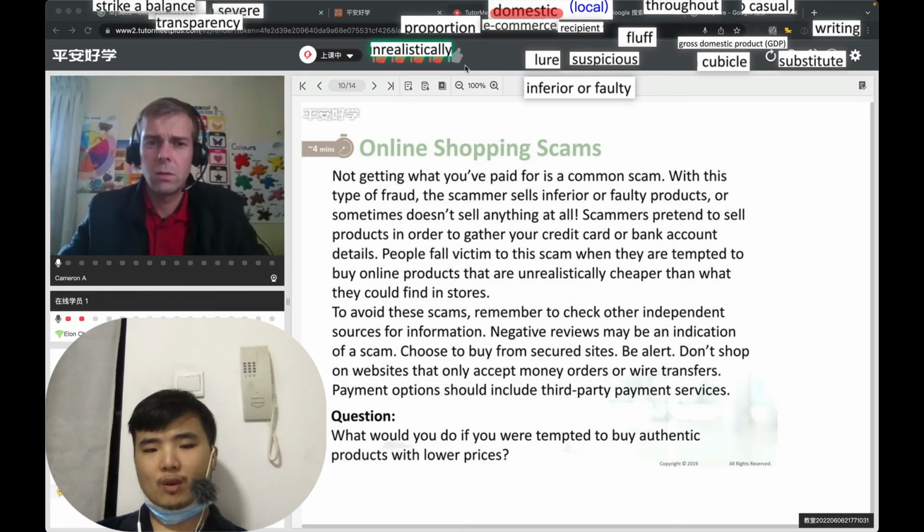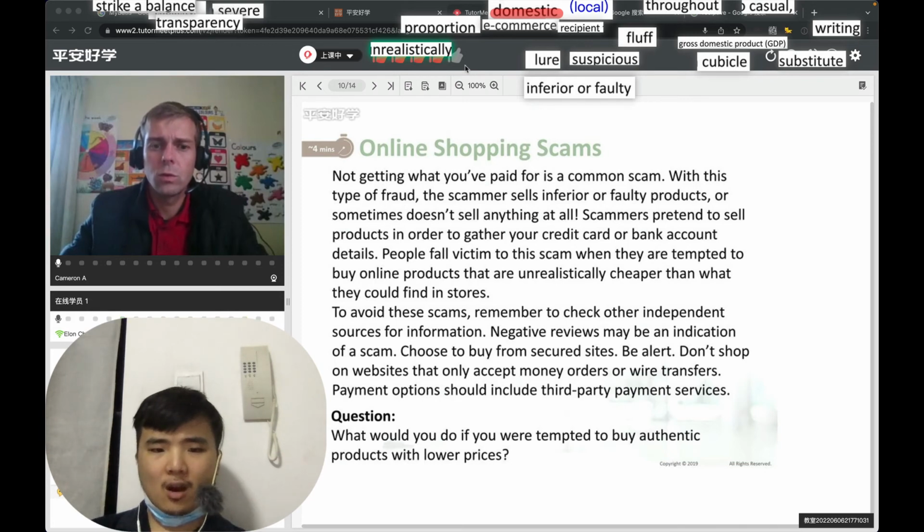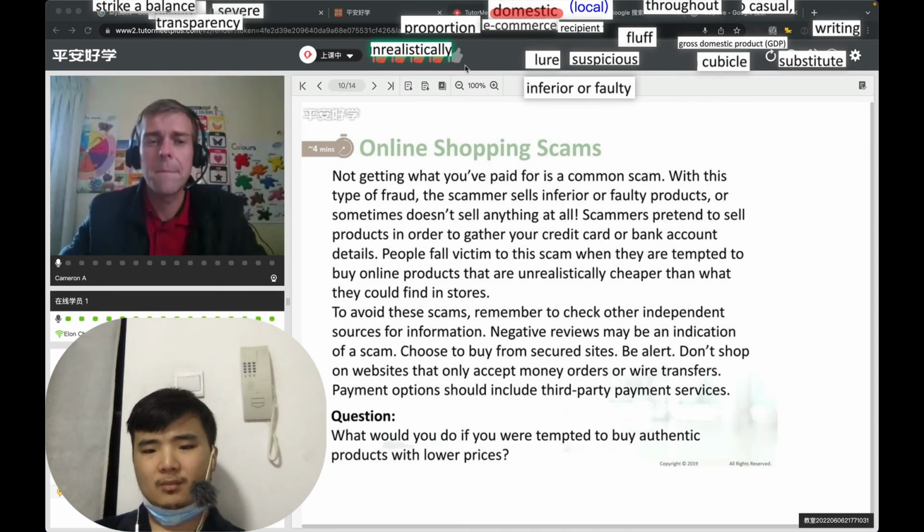Don't shop on websites that only accept money orders or wire transfers. Payment options should include third-party payment services.